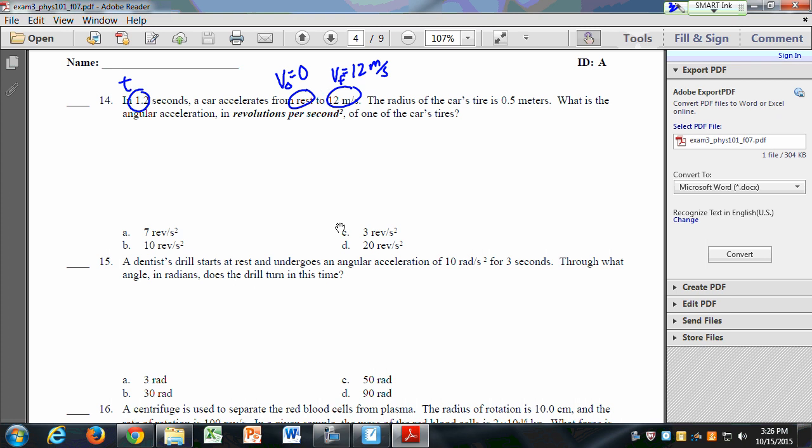This is v final. The reason I know it's velocity and not angular velocity is why? Because it's not radians, right? Because the units here are meters. It says the radius of the car's tire is 0.5 meters. What is the angular acceleration? What is alpha in revolutions per second squared?